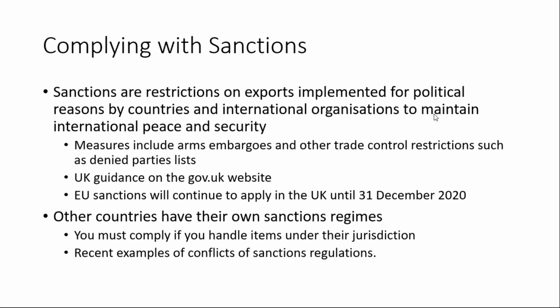There are a number of organizations that provide denied parties lists and denied parties screening. You can sign up to those, and they undertake to keep the list up to date, so that you can do a daily check of what you're exporting and where you're exporting to. Or if you're doing very specific activities with certain countries, you can do special checks for denied parties lists in those organizations as well.